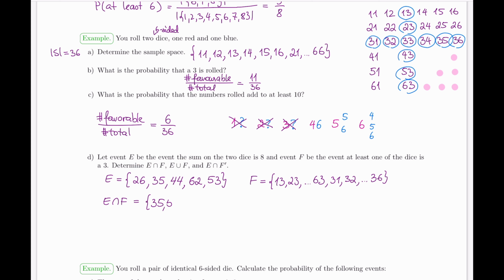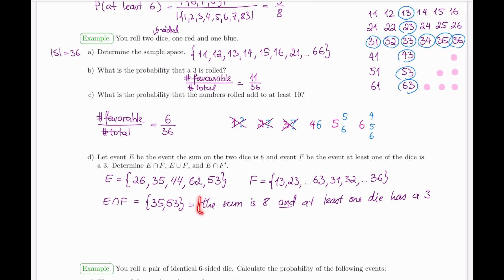Now let's come up with a verbal description of what the set E intersection F actually means. Remember that the intersection stands for and. So this is the event where the sum on the 2 dice is 8 and at least one of them is 3. So let's write that down. The sum is 8 and at least one die has a 3.